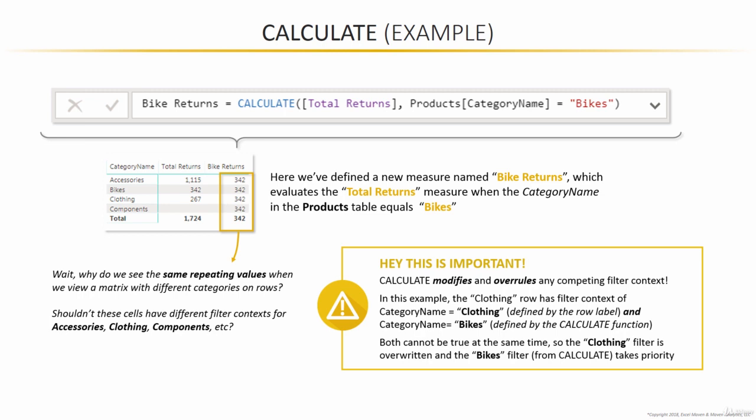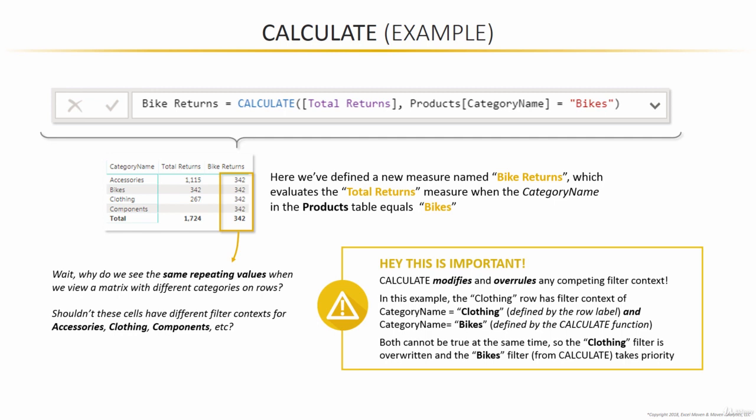So think of calculate as kind of the bully function or the bully filter, which says, I don't care if I'm sitting here in a matrix row that says it should be calculating accessories or clothing or components. I'm the boss. I'm going to step in and say, we need to calculate for category name equals bikes, period. And that's why you see the same total row after row after row, even for lines like components, which didn't generate sales or returns.